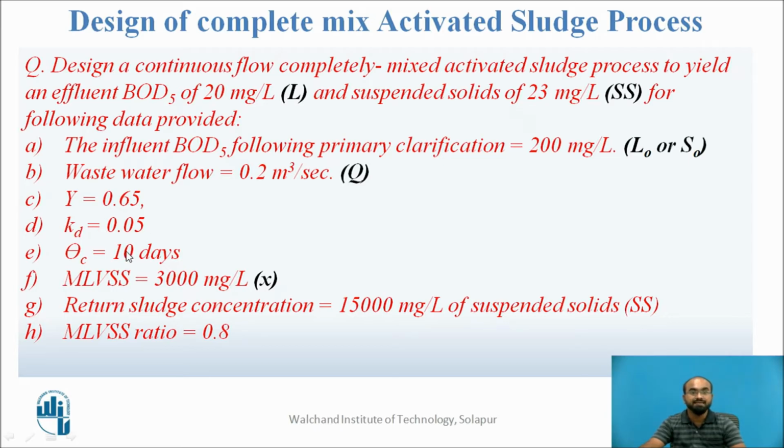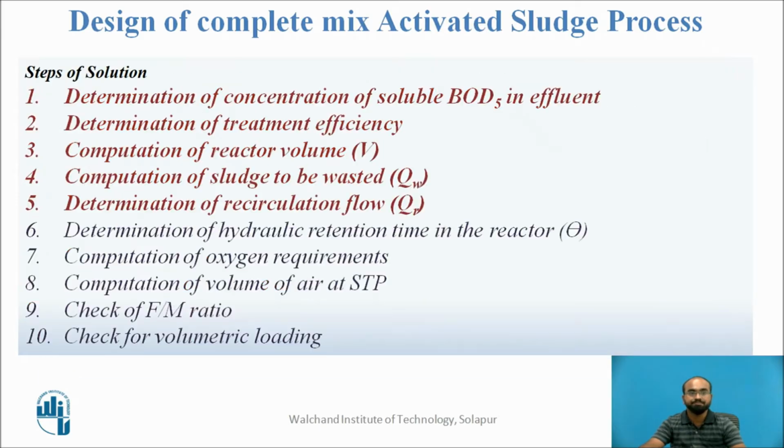Then theta C, that is sludge retention time, which will be 10 days. Then MLVSS is given, that will be 3000 mg per liter. Let us call it small x. Then return sludge concentration, that is 15,000 mg per liter of suspended solids is given to us, and then the MLVSS ratio is also given, that is, in general, 0.8.